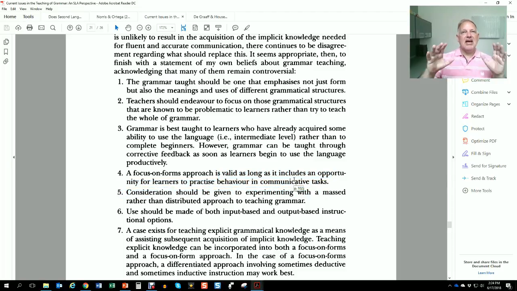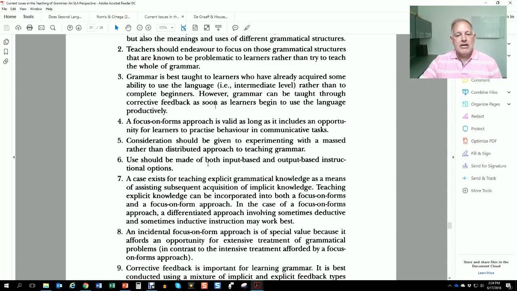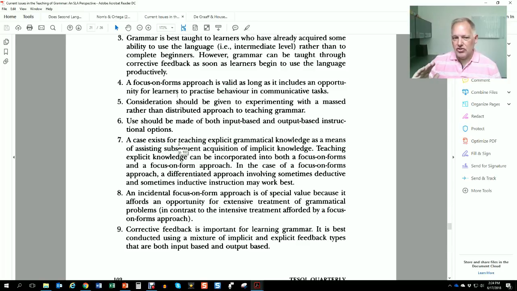So we have to go from that isolated nature of focus on forms to something a little bit more communicative, but Rod Ellis is saying teaching grammar very explicitly, explaining grammar deductively is valid as long as we also include a communicative task, right? All right, what else? Should include both input and output based instructional options. I didn't talk too much about that in the video, although they are listed on that list of techniques, right?